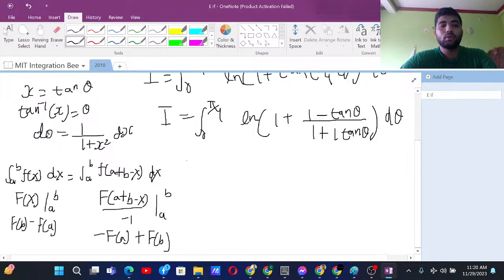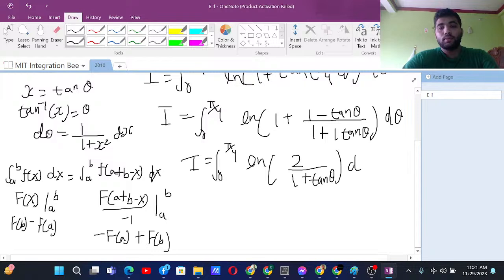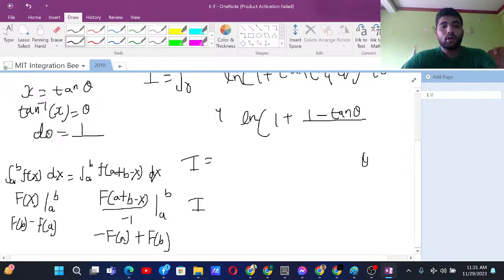If you take the LCM, we will have the integral from 0 to pi by 4 of ln of 2 by 1 plus tan theta d theta.